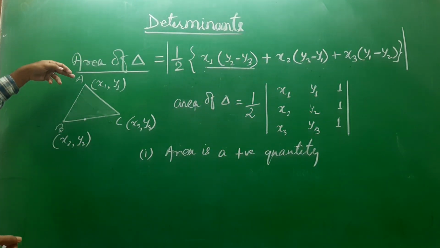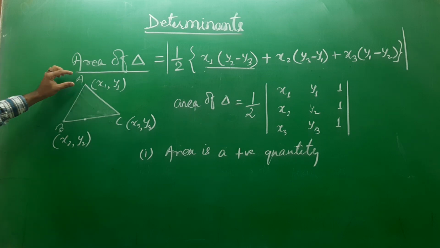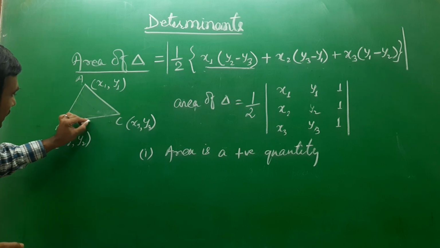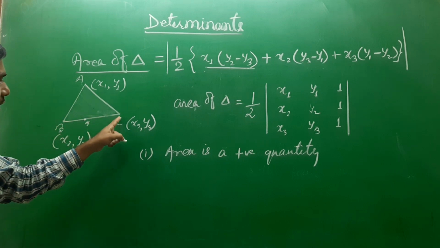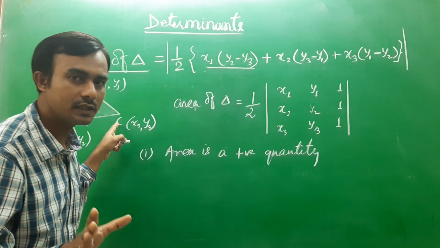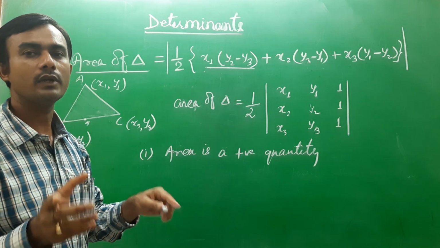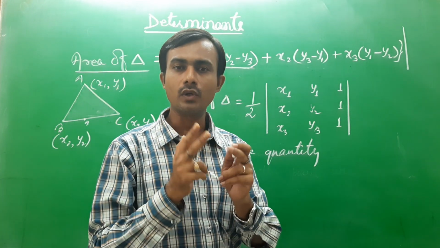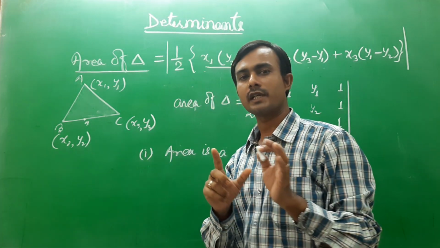If you are changing the position of vertex A, and this vertex A is here, then these points B, A, C are collinear. In that condition, the area will be 0. So for three collinear points, the area of the triangle will be 0.